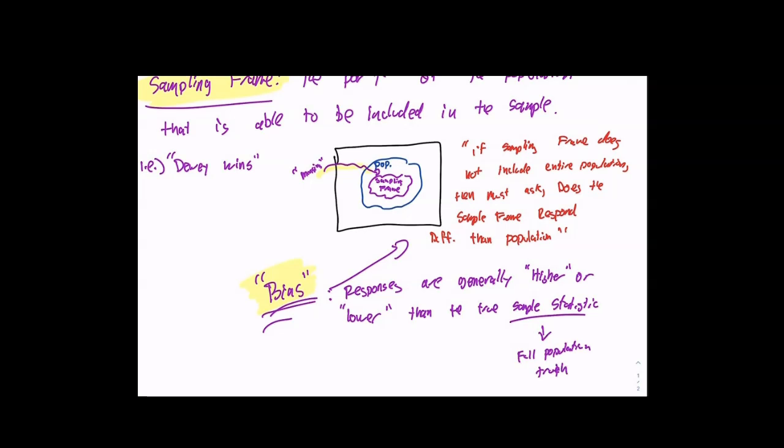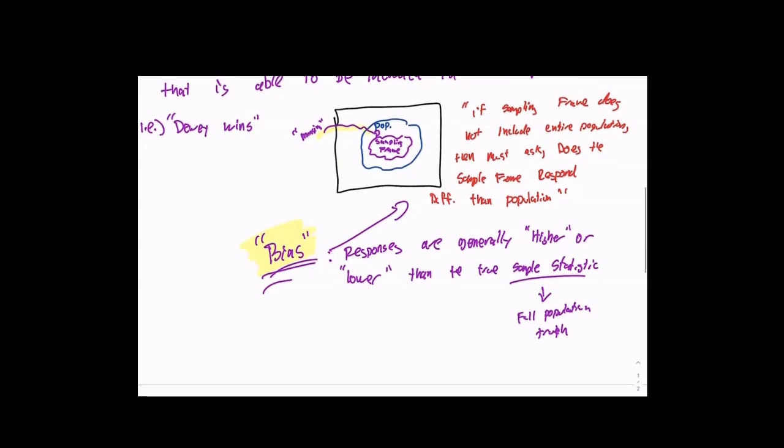Now, I know I'm trying to word this as best I can. So any instance where it is reasonable to believe that the answer is higher or lower than the true population, that's what we call bias in statistics. So any instance where they are different than that.